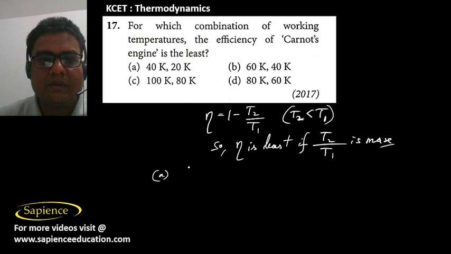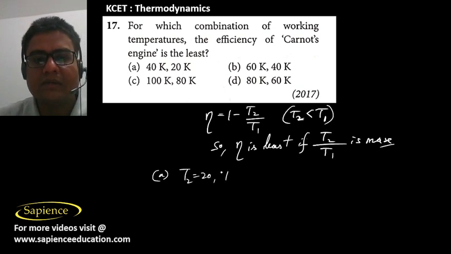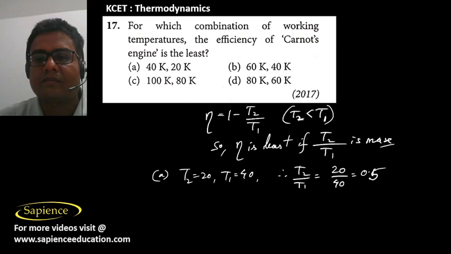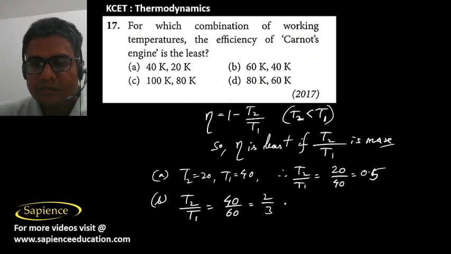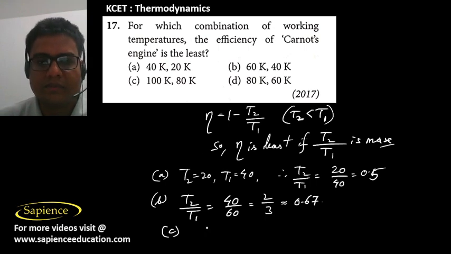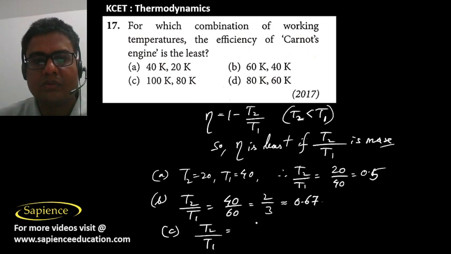Now in option A we have T2 is 20 Kelvin and T1 is 40 Kelvin. So T2 by T1 is 20 by 40, that is half, 0.5. In option B, the ratio of T2 and T1 is 40 by 60, that is equal to 2 by 3, which is 0.67. In option C, T2 by T1 is 80 by 100, that is 0.8.